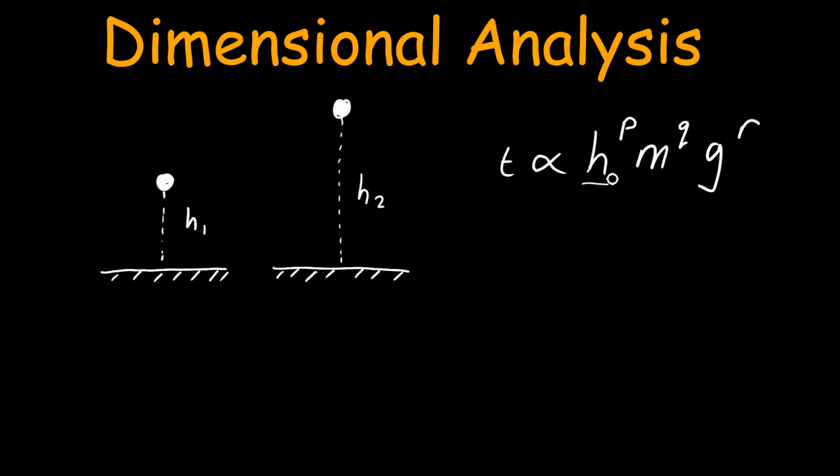Again, the dimensions on each side of the equation must balance. So on the left-hand side, we've got a single dimension of time. So if I put time here to the power of 1.